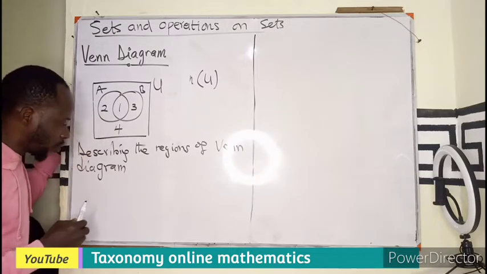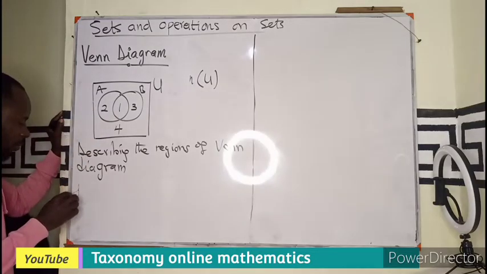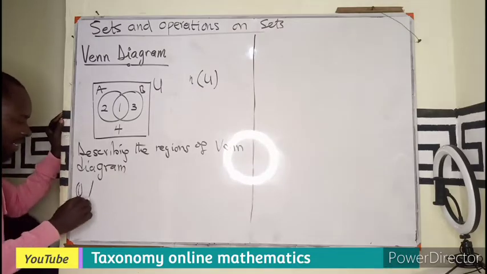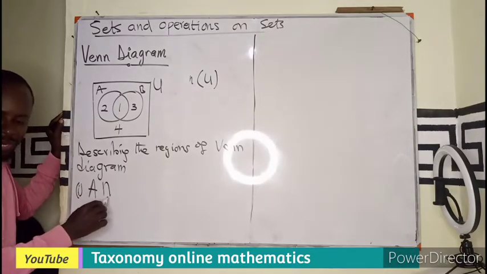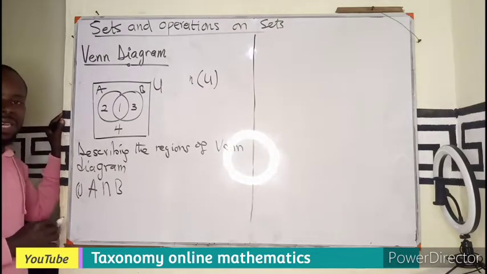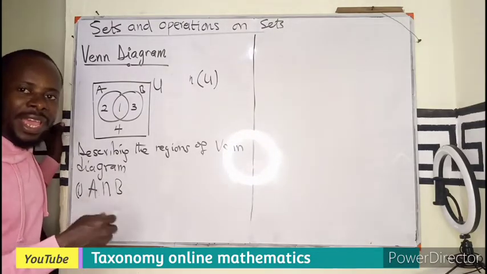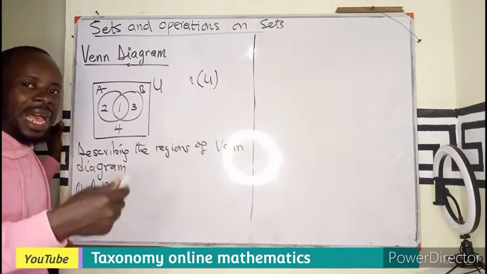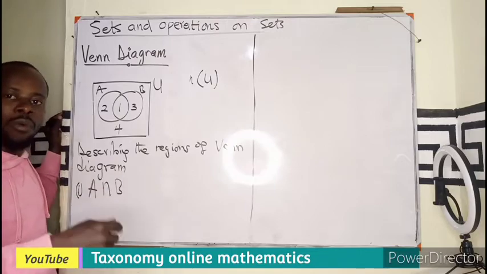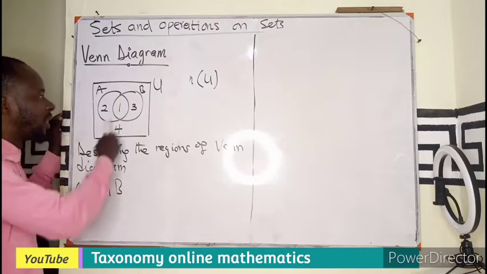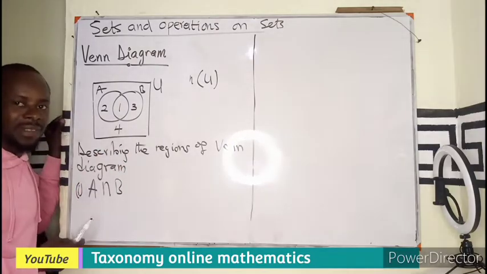So if I want to represent the region that belongs to A intersection B, that is the elements that will be common to both A and B, which of the regions do you think we can find that?